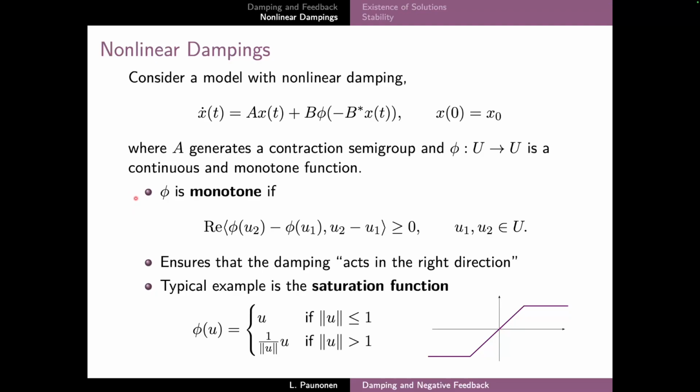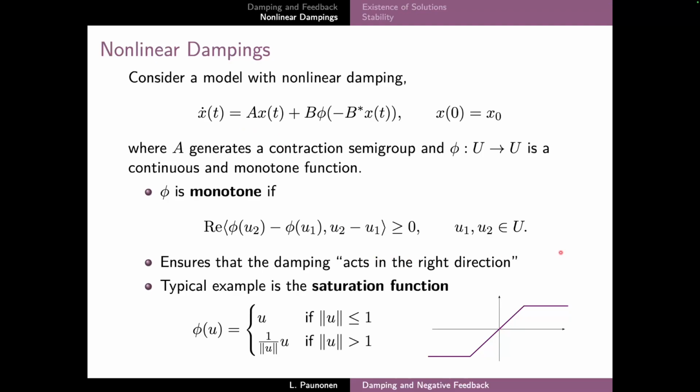This monotonicity is important from the point of view of the damping. Monotonicity requires that this function phi preserves directions. This way we can guarantee that the direction of the damping does counteract the dynamics of the undamped model.